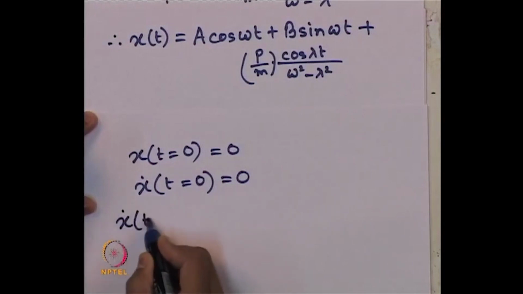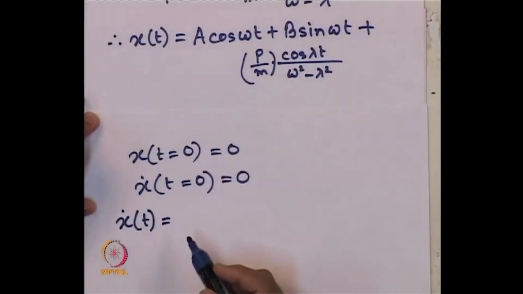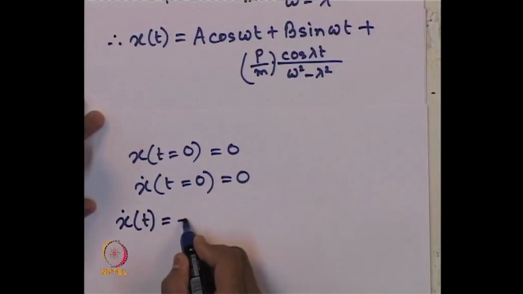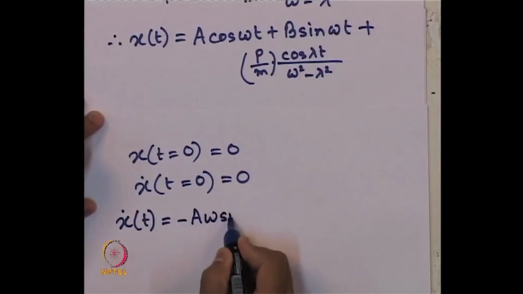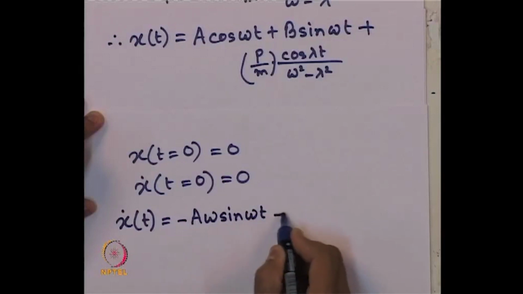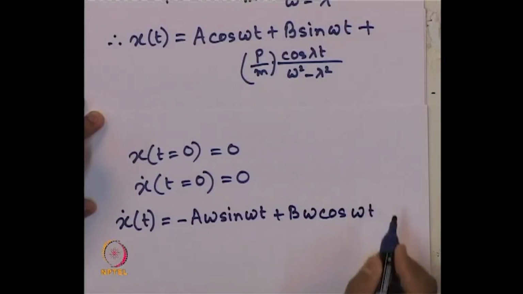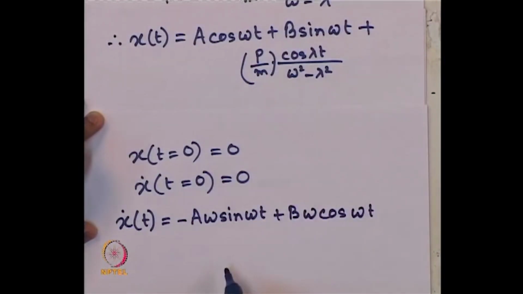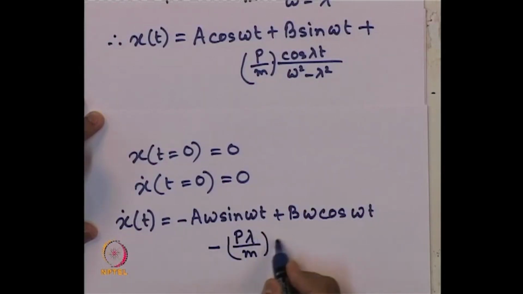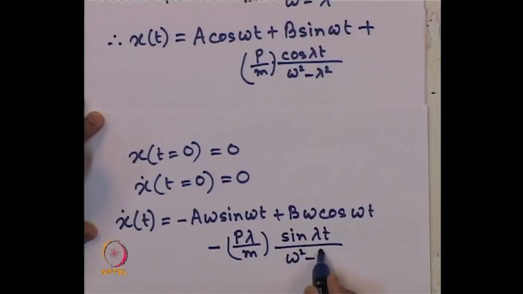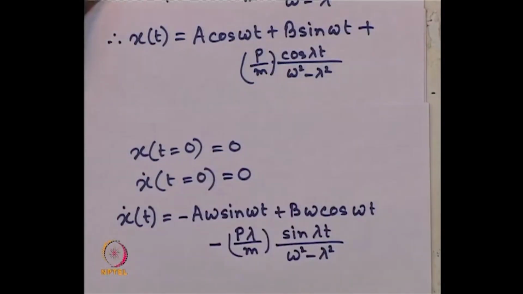So, x dot t is nothing but, now we are differentiating this, minus a omega sin omega t plus b omega cos omega t. Now, this one will give us minus p lambda by m sin lambda t by omega square minus lambda square. Now, we will put these values here.